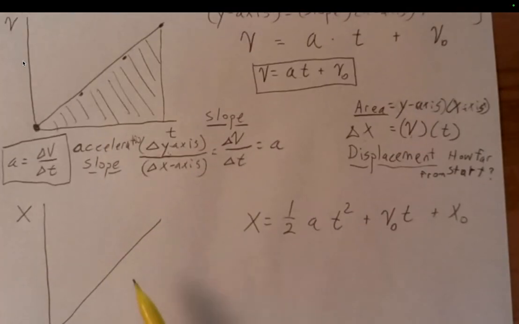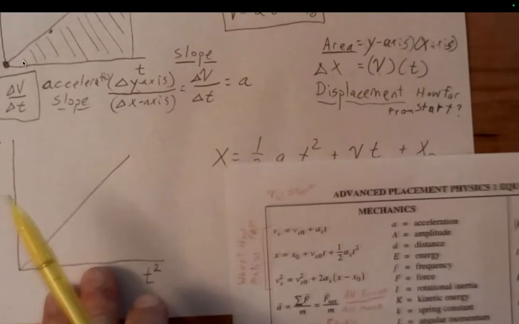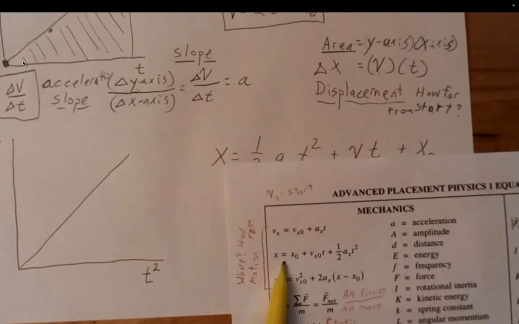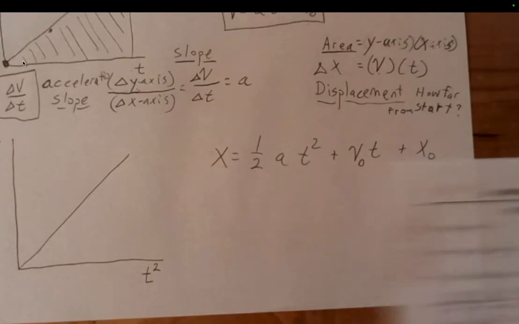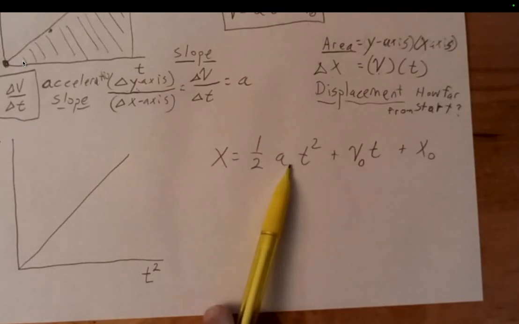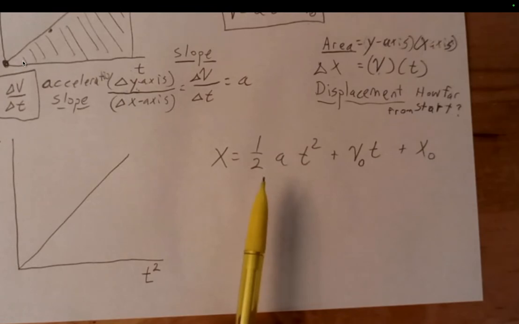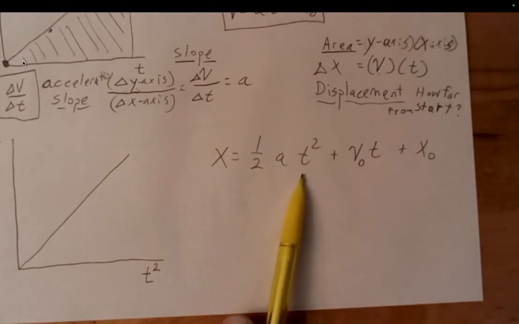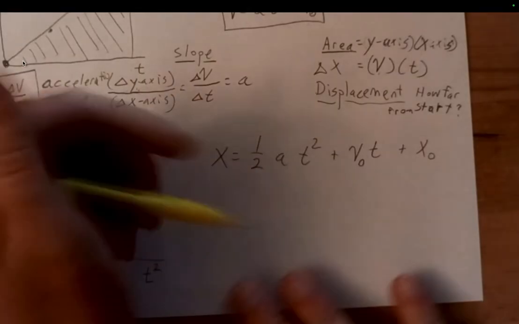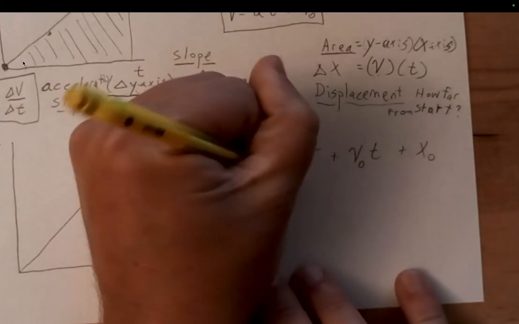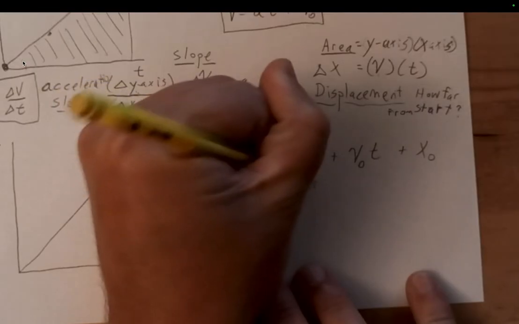And that's this equation from our equation sheet where I have x equals x naught plus v sub x naught times t plus 1/2 a t squared. I just get rid of the subscripts x because I know I'm talking about the x direction. With this, since we are plotting this graph versus t squared, this is now on our x-axis.